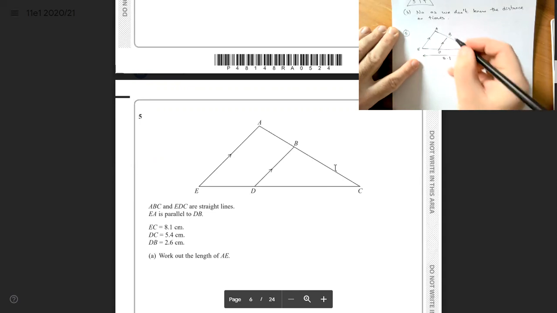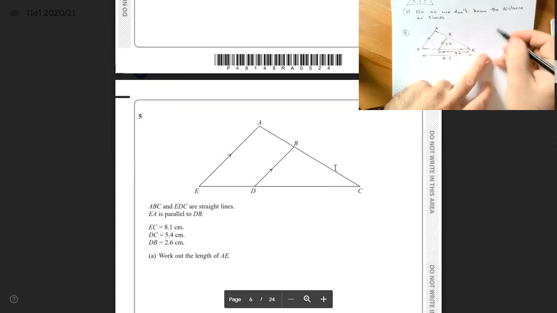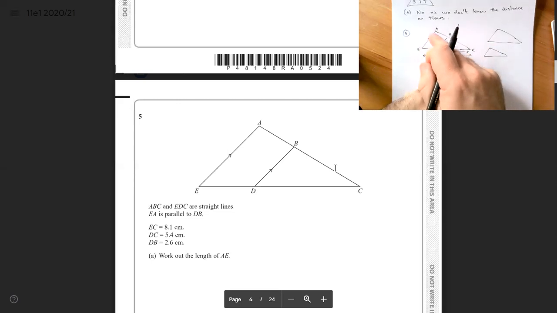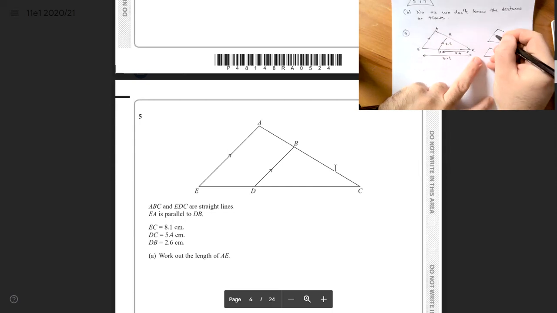We know that DC is 5.4. And we know that DB is 2.6. Work out the length of AE. So if I draw two separate triangles, these triangles are similar because these sides are parallel, so all the angles are the same for the two triangles. So that's 2.6, that's 5.4, that's 8.1.